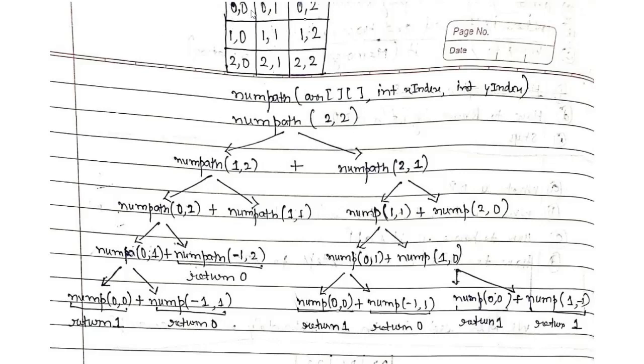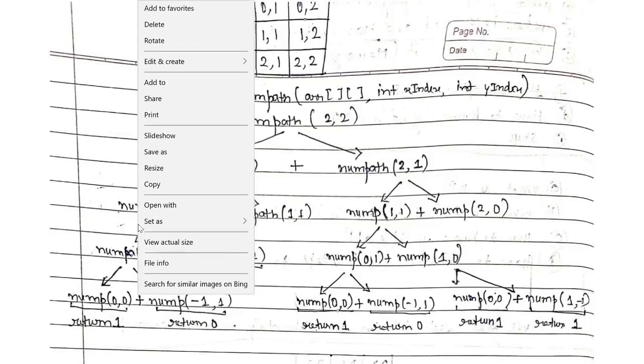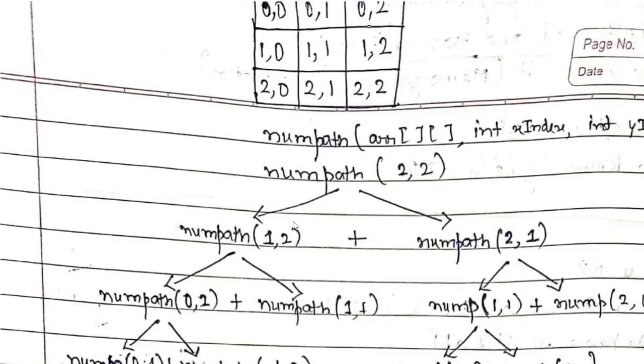Each and every path from my root to leaf node is actually a path in the matrix itself. So the number of leaf nodes which would be returning 1 to me are actually the total number of paths that I would be having.